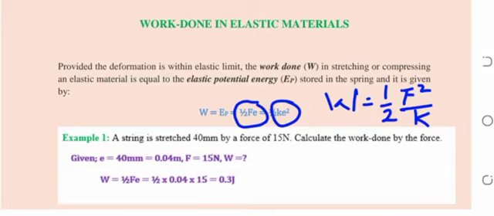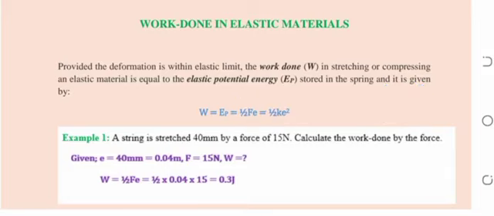Let's quickly look at some examples here. Example 1 says a string is stretched 40 millimeter by a force of 15 Newton. We have to calculate the work done by the force. We brought out all the parameters in this question. The extension is 40 millimeter, converted to meter, we have 0.04 meter.